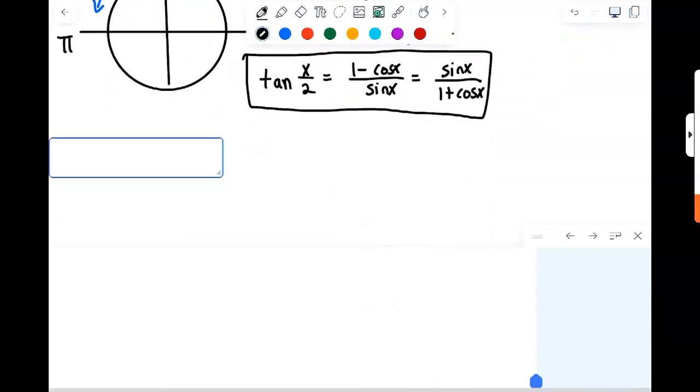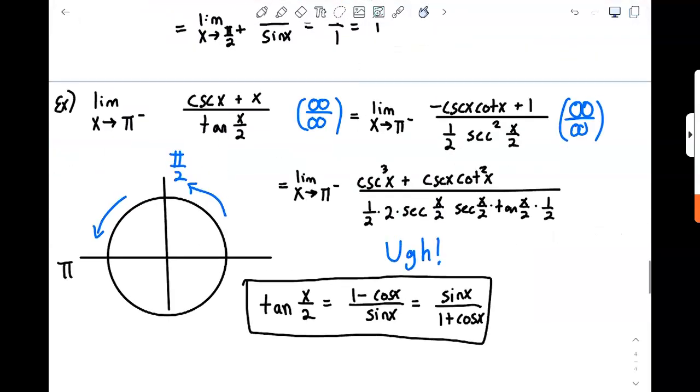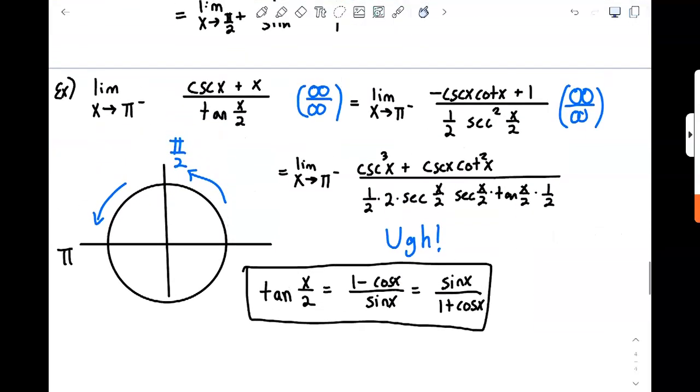So going back to the original problem, which was the limit as x approaches pi of cosecant x plus x over tangent of x over 2. I'm now going to substitute in for tangent of x over 2.